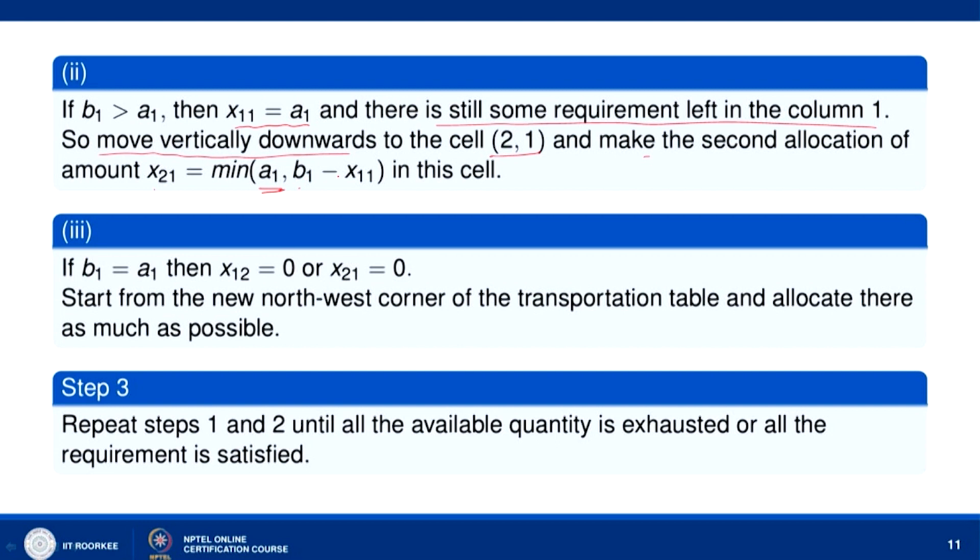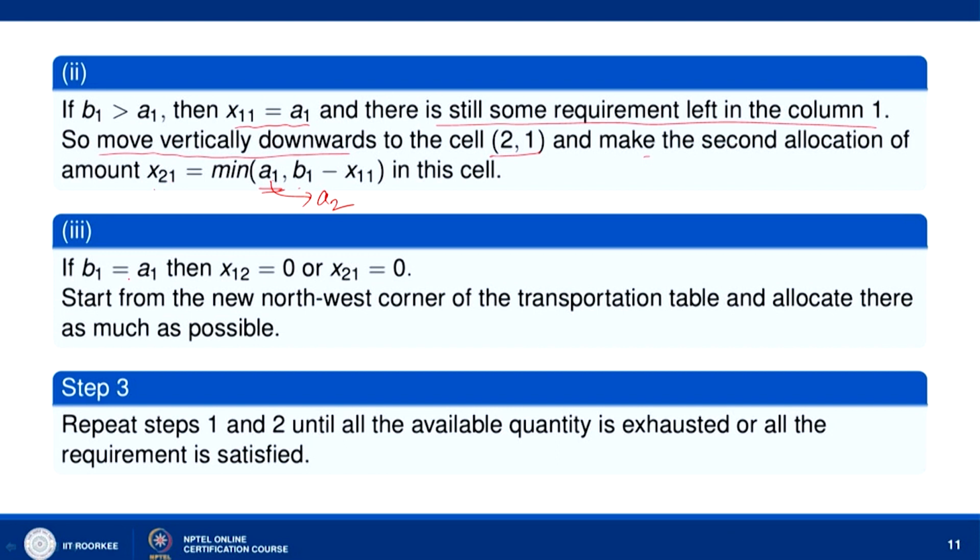So, the minimum of A2 and B1 minus x11 will be allocated to cell 2 1.